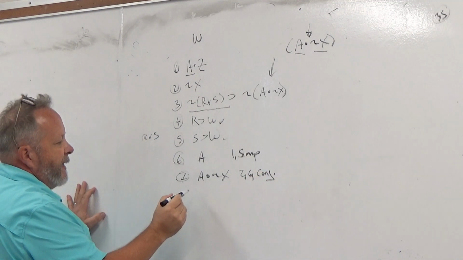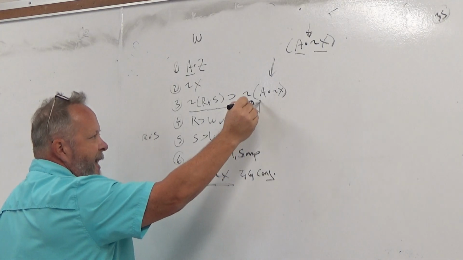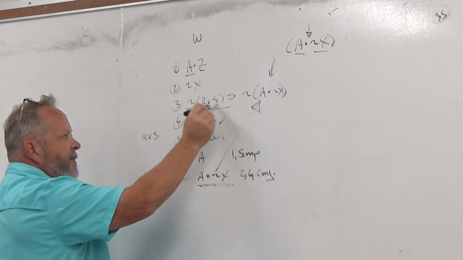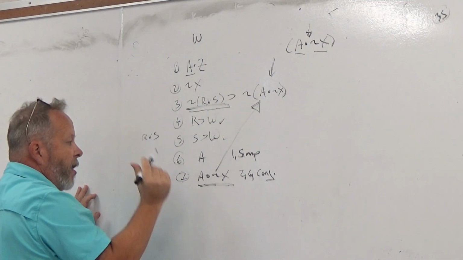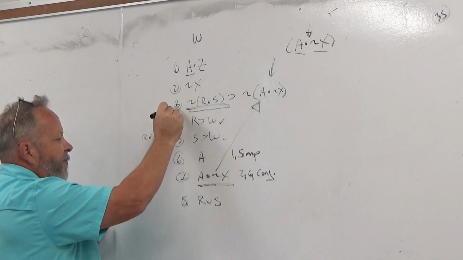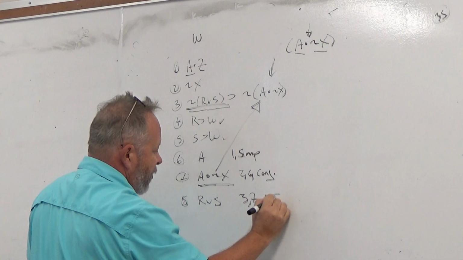All right, so why did I get this? Because this is the opposite of that, so I can do modus tollens and get the opposite of this. The opposite of not R or S is R or S, so I get R or S, and that came from 3 and 7, modus tollens.